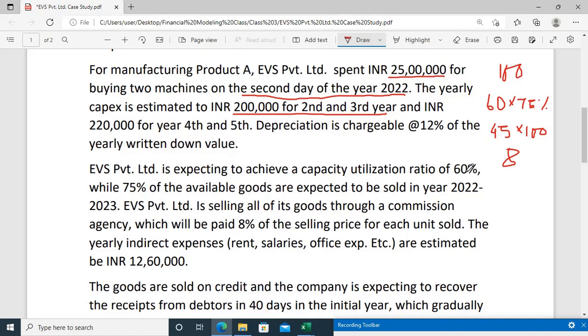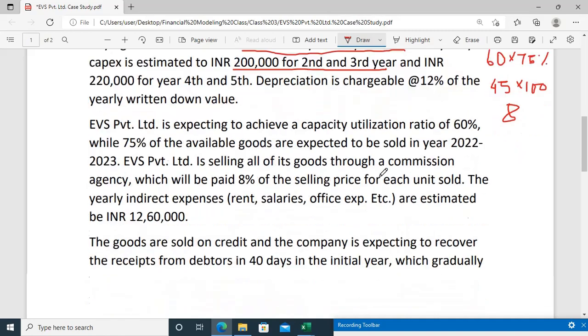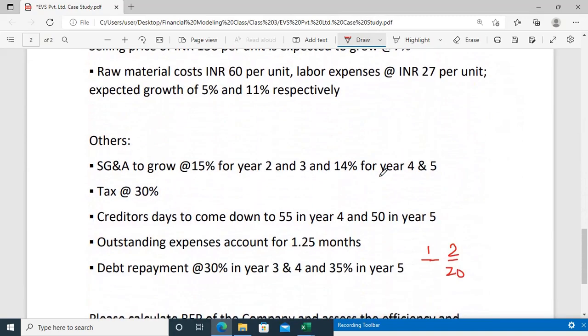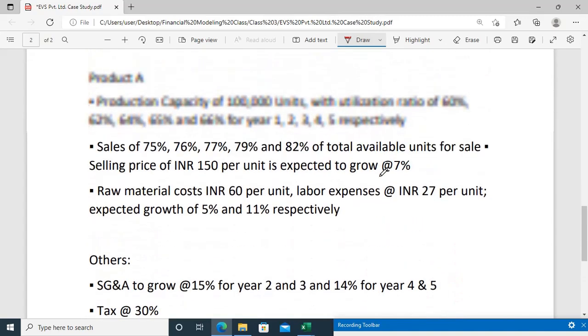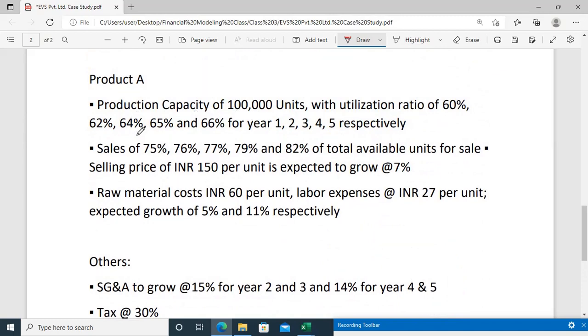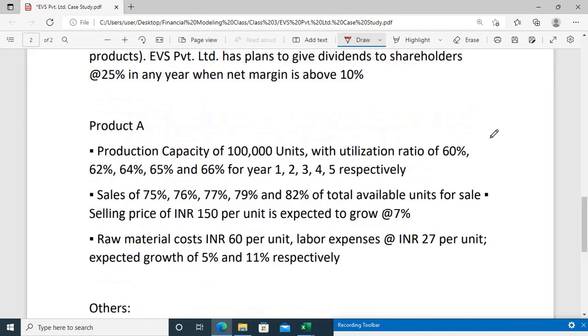So first year it is going to be 60%. Capacity utilization is going to be 60%. And here the other total capacity utilization percentages are given: 60, 62, 64, 65, 66 for the 5 years. Let us make a schedule on it.